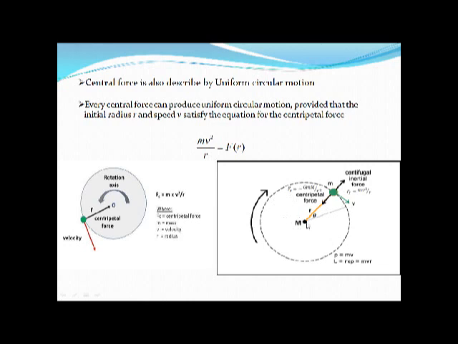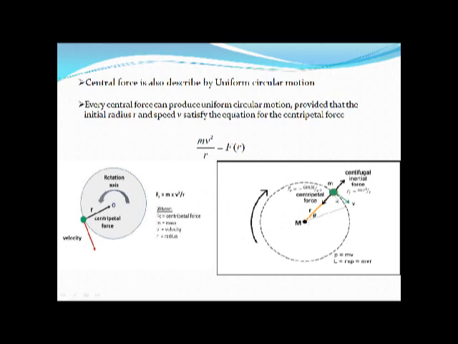Suppose this is the sun, capital M, and this is a planet, small m. It is also under the gravitational force, which is GMm upon r square. So this is the basic concept of centripetal force, centrifugal force, and the basic idea of central force also.